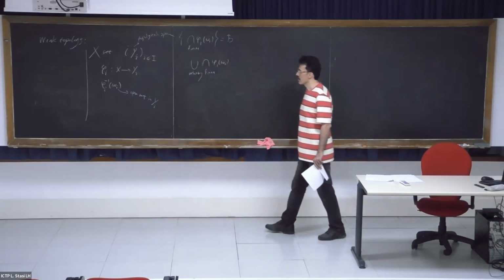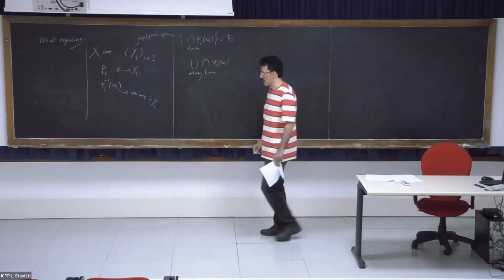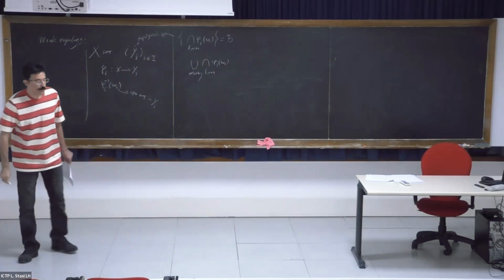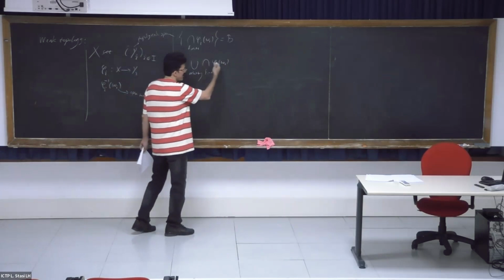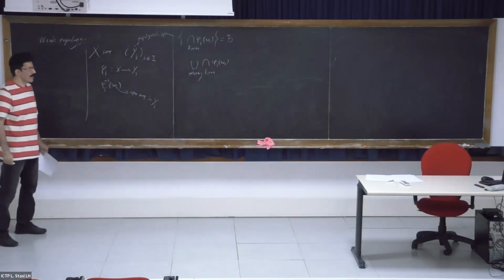This is the topology that is the best one and has the fewest open sets that still makes the functions phi i continuous.